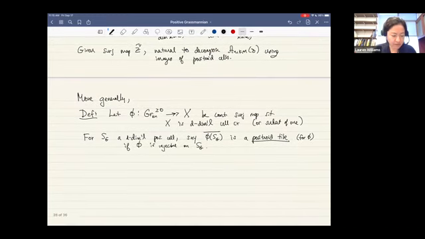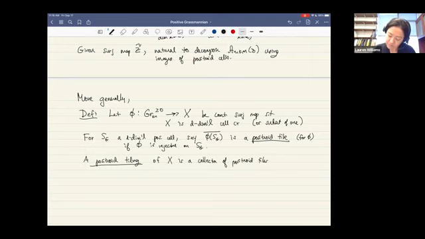And then we want to decompose the image using positroid tiles. So let's define a positroid tiling of X to be a collection of positroid tiles whose union is X and whose interiors are pairwise disjoint.